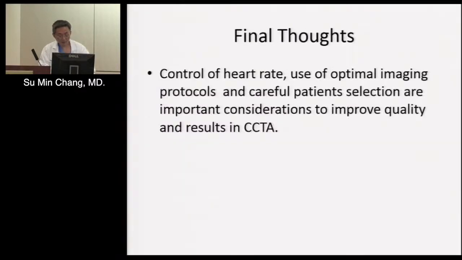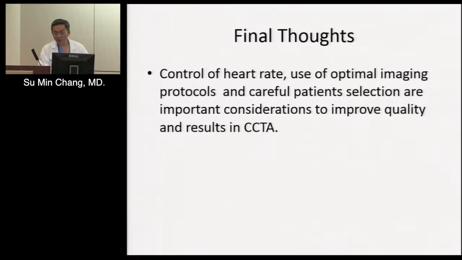So basically, if you're in the CT lab, always try to control the heart rate unless there's any contraindication. Don't let the tech or nurse pressure you, okay? Try to give beta blocker if you can, unless the patient has AS, okay, or is in LVAD.